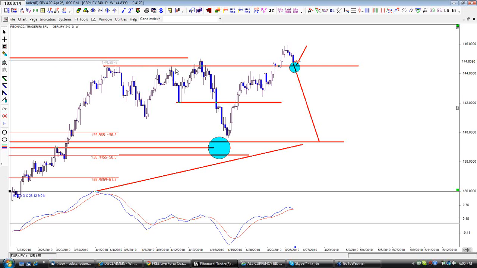But what we're looking at is this resistance becoming a support area, and if price breaks below, most likely we'll see a bearish move. If it holds, pound yen will continue trading bullish. Yes, also the MACD is getting ready to turn bearish.